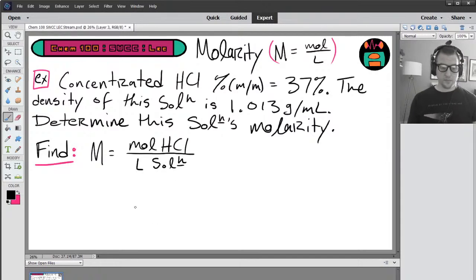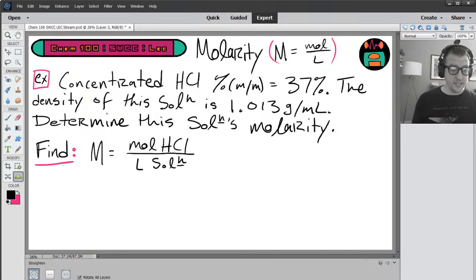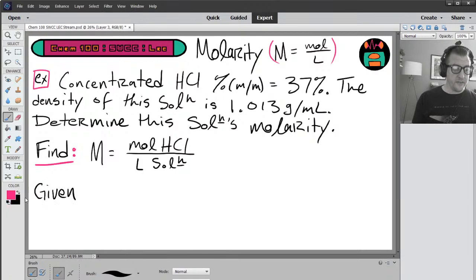Now, once you know what you're trying to find, you should identify the pieces of information that you're given. All right?